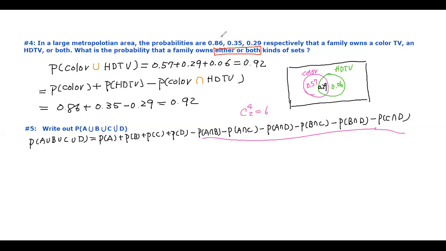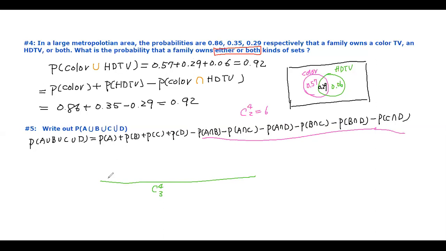Now I need to write out the next set. Here you have C of 4, 3, so you need to take 3 events. The previous set was minus, so the next set is going to be plus.